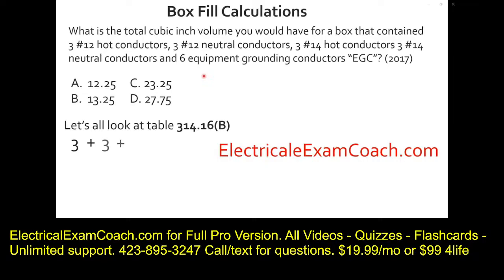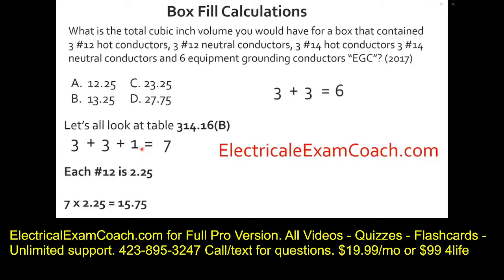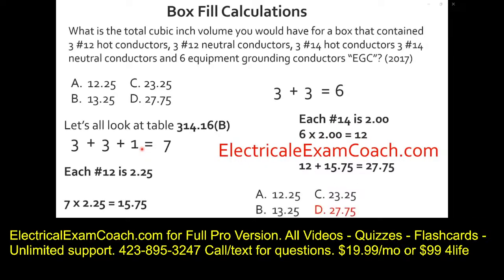We know we got 3 hots, we know we got 3 neutrals, and we're going to group all of those equipment grounding conductors, counting them as 1 with the largest, which happens to be 12. We take and bear that math out. Now let's deal with the 14s. We had 3 hots, 3 neutrals, don't have to deal with any grounds, they've already been dealt with. We take and bear that math out, total the 2 together, and we end up with 27.75 cubic inches. Now let's move on to the 2020 and the 2023.